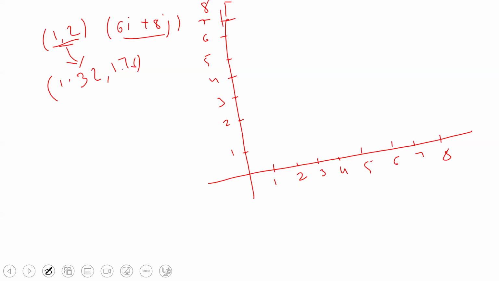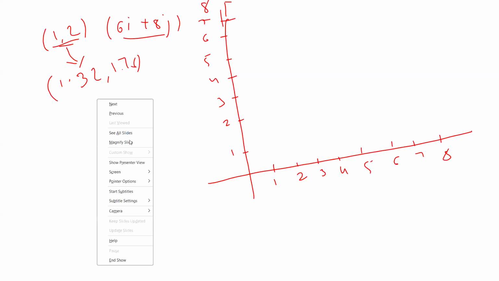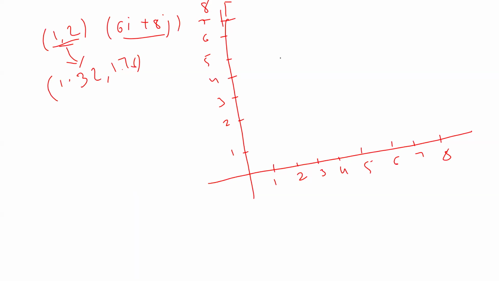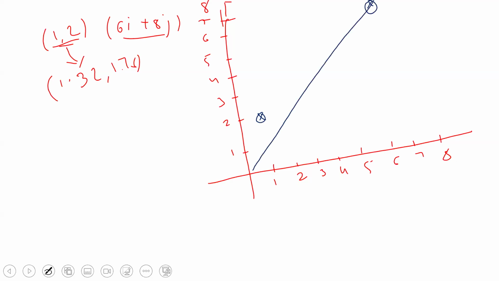The given point here is 1 comma 2, and the vector given is 6 comma 8. You are trying to project this point onto this particular line.